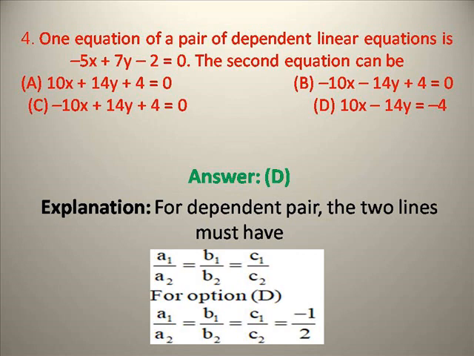That means the condition will be a1 by a2 equals b1 by b2 equals c1 by c2. Here you can see option D is for the dependent line. That dependent line equation will be 10x minus 14y equals minus 4. So option D is the answer.